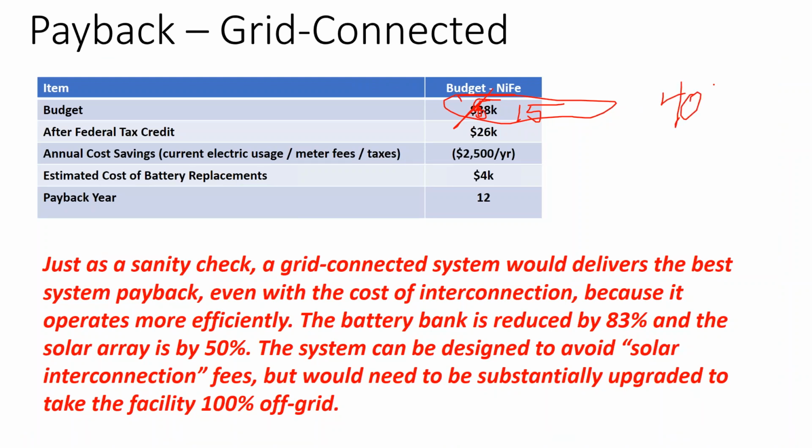And so if he's spending $40,000 on his solar array and he's saving $2,500 a year, that's because when you're grid connected, you're paying meter fees. You're not saving at the meter fee rate. Meter fees out in my neck of the woods are actually quite expensive. We're talking about $30 a month. So that's still going to be a pretty big payback.